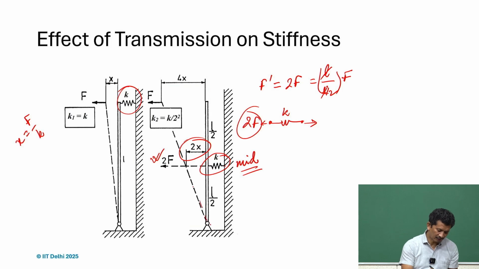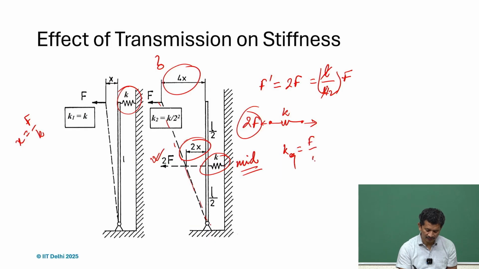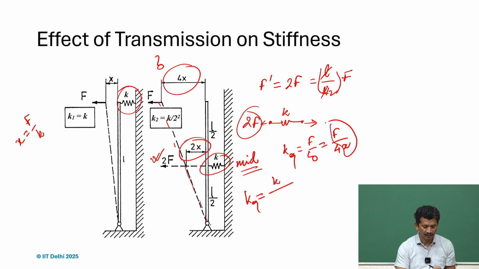Now, again go back, and because of the leverage the deflection will be 4x. This is the delta. So, now if we talk about the equivalent stiffness k, which is F over delta, F is the same, but now delta is 4x, and so k equivalent is F by 4x, which is k by 4, where k is how we defined k here.